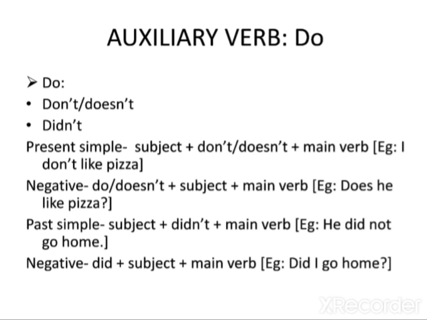But if it is he, she, or it, we have to use doesn't or does not. So you always have to be careful with your subject and your verb agreement. As an example, I don't like pizza. If I used he, I would say he doesn't like pizza or he does not like pizza.